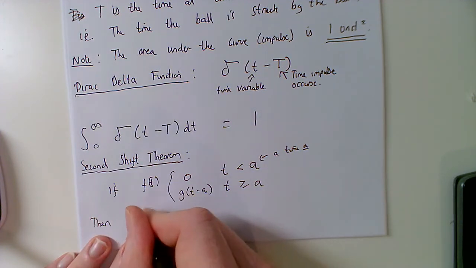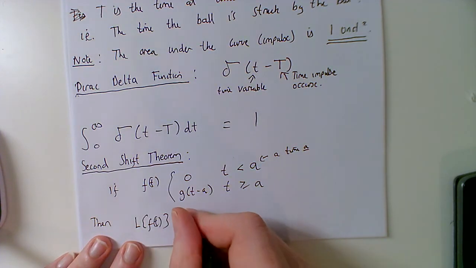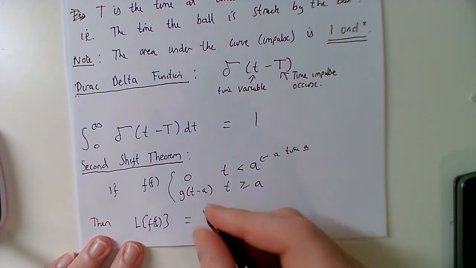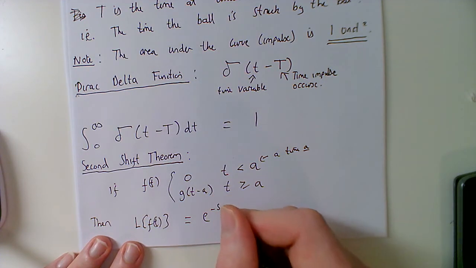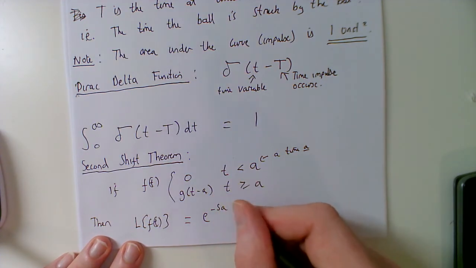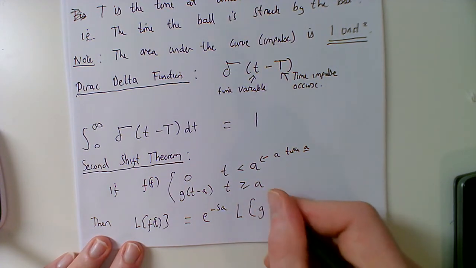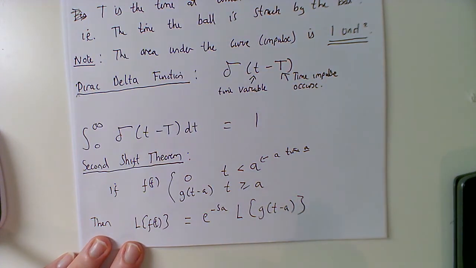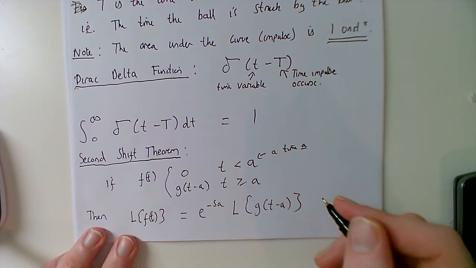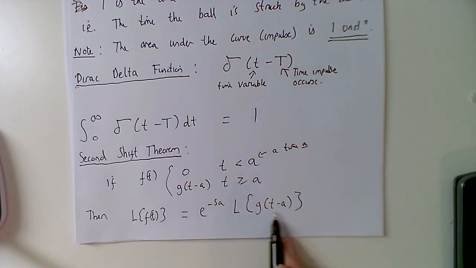Then the Laplace transform of this function is e to the power of negative sa times the Laplace transform of g of t minus a. And sometimes that whole thing is just known as capital G of s.